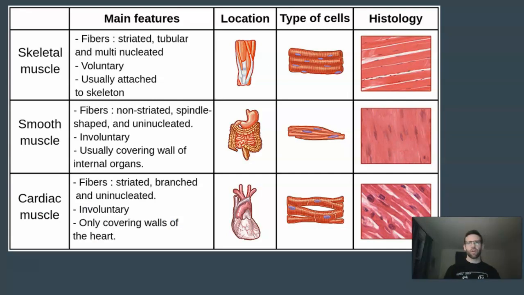And then here is a chart that is kind of busy, but it has a really good breakdown of how all three muscle types are different. So you can see the skeletal muscle, it has fibers that are striated. Striated means that when you look at it, you can see lines. So for example, when you look at this picture here, you can see that there are many different lines. There's like a purple and then red and purple and red and purple and red all the way down.